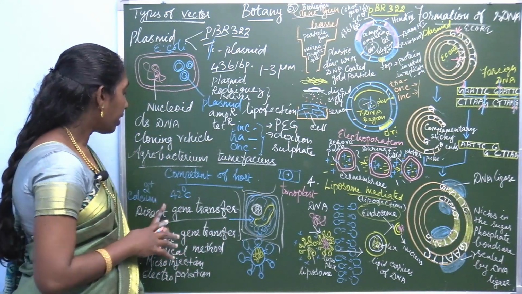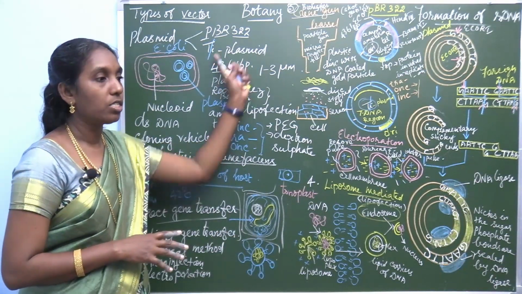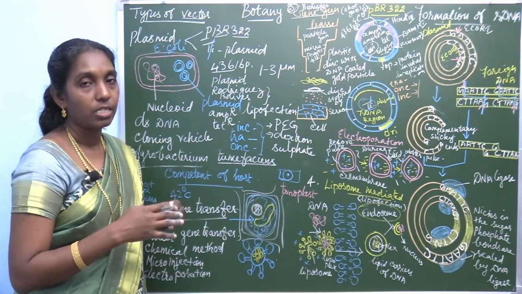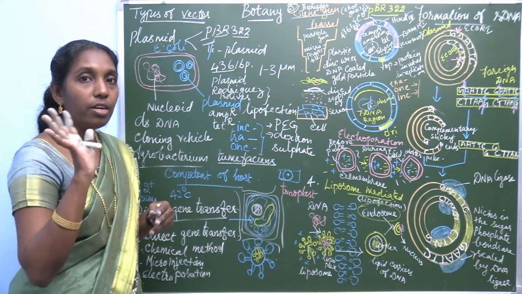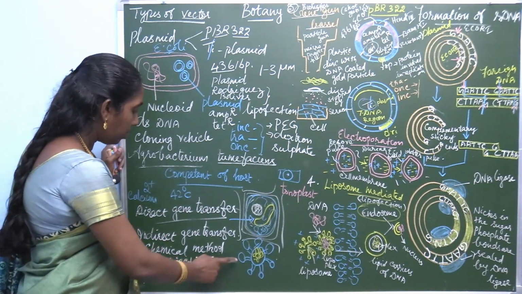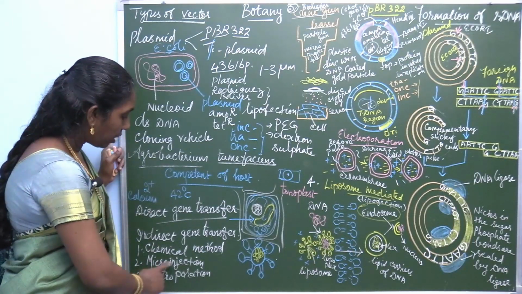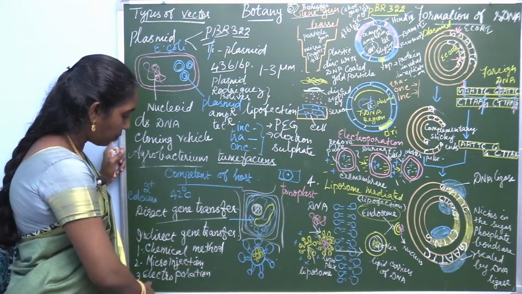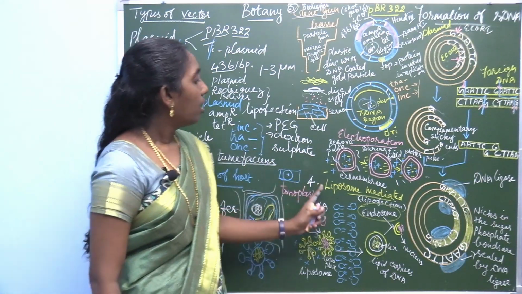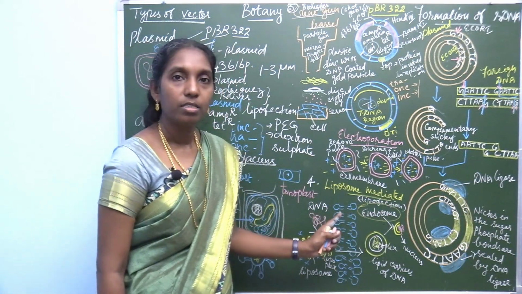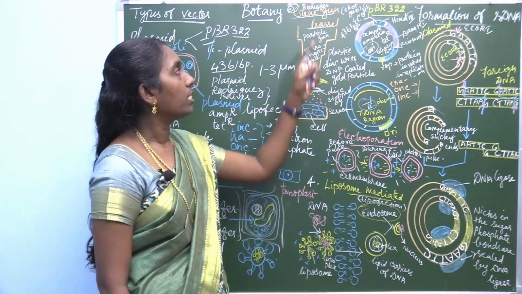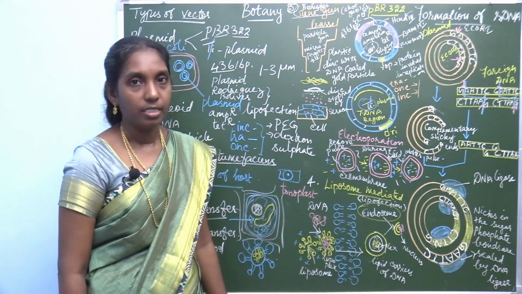So these are the different types of direct gene transfer method, five different types you learned today. What are they? Chemical method of gene transfer, microinjection method, electroporation method, liposome mediated gene transfer method, and finally biolistics method of gene transfer.